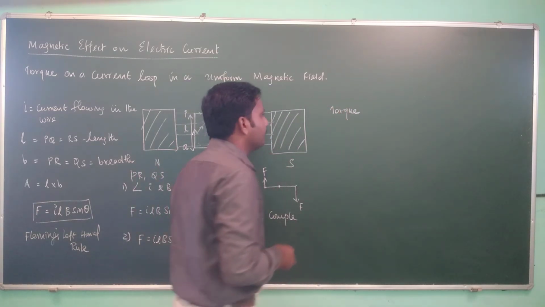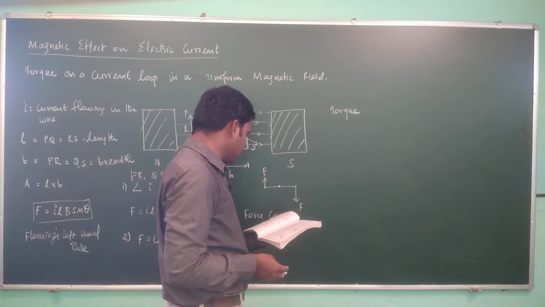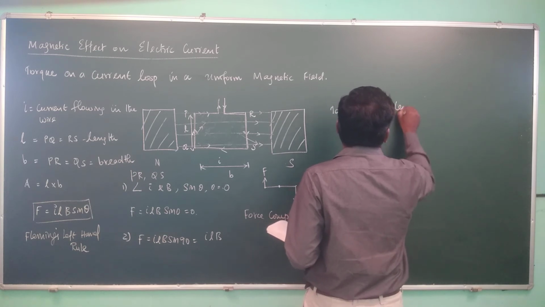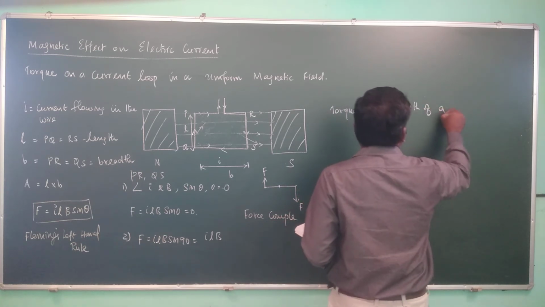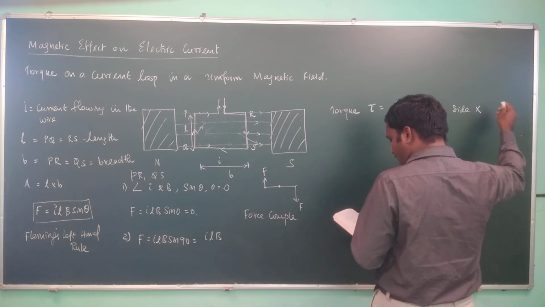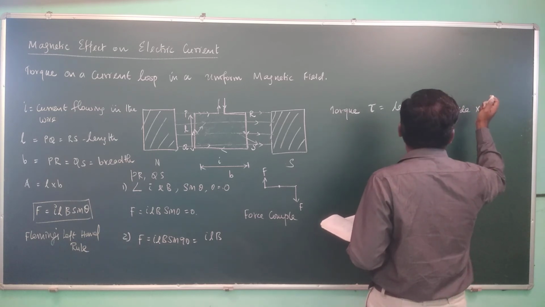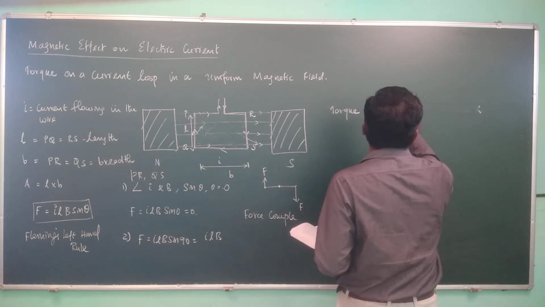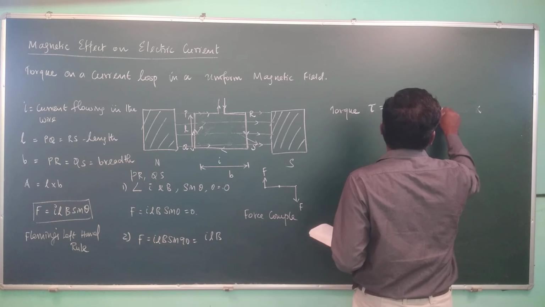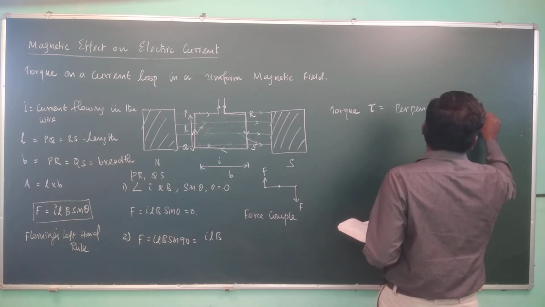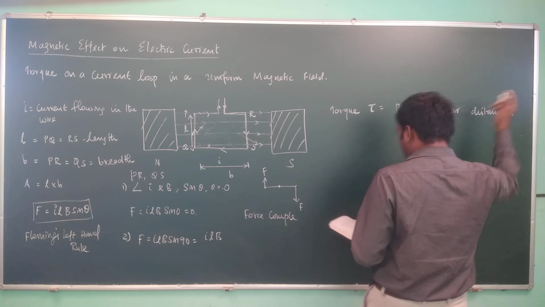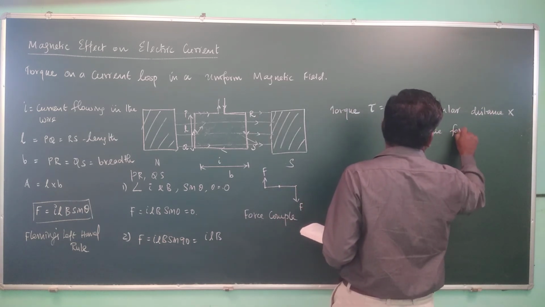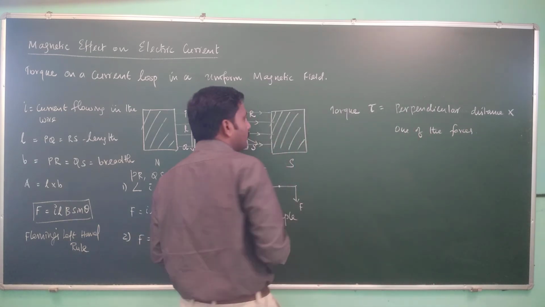Torque due to this magnetic field over this current carrying coil, that you can write as torque tau, which is the length of the side, or you can say perpendicular distance, multiplied by the magnitude of one of the forces.